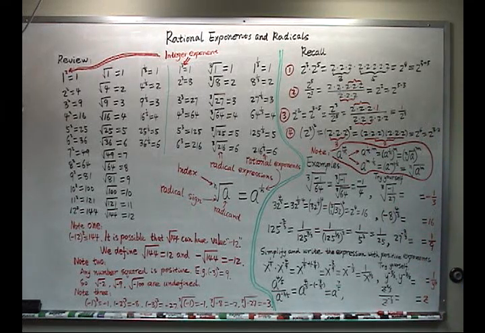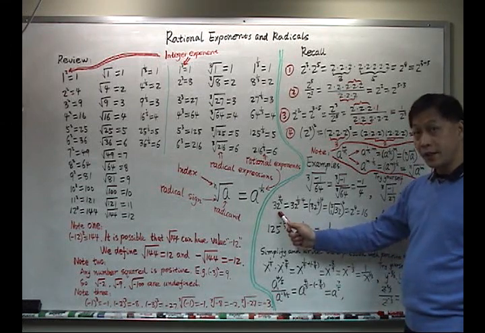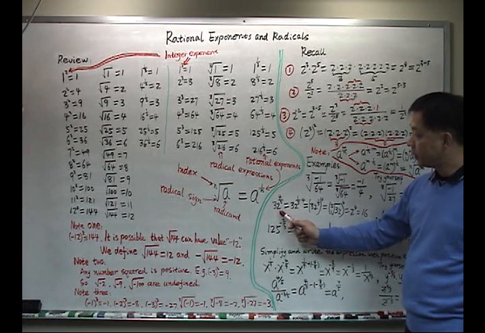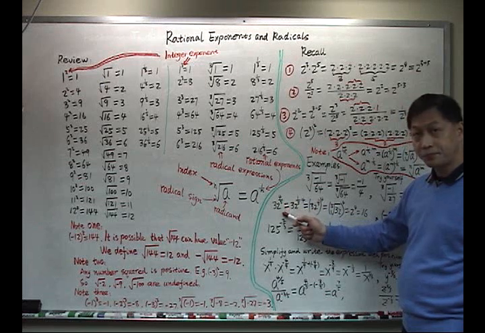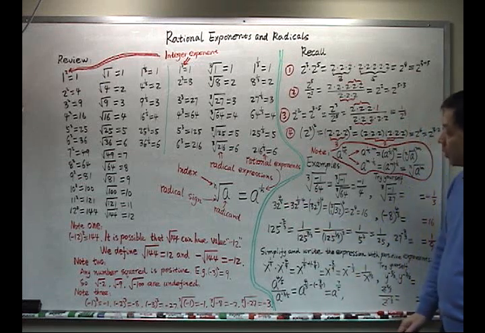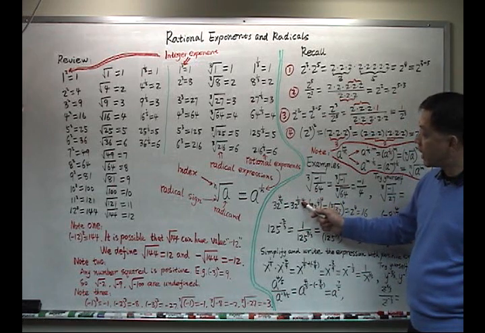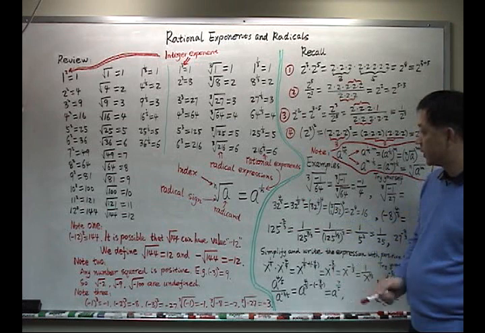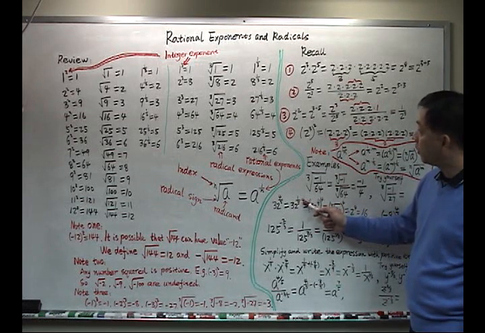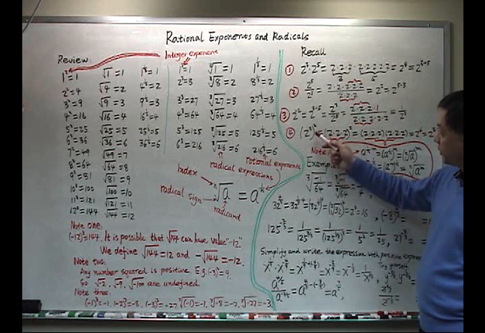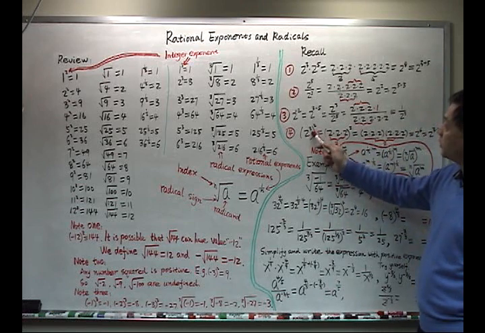All right. Now, let's look at this example. This example says 32 to the rational number 4/5. We know 4/5 is actually 1/5 times 4. Based on 1/5 times 4, you see, if here is multiplication, 3 times 2, 3 times 2.